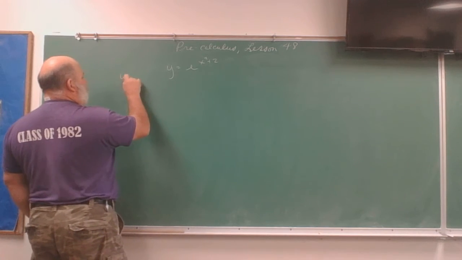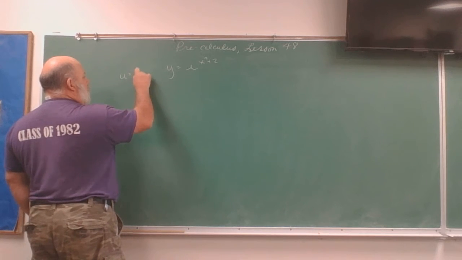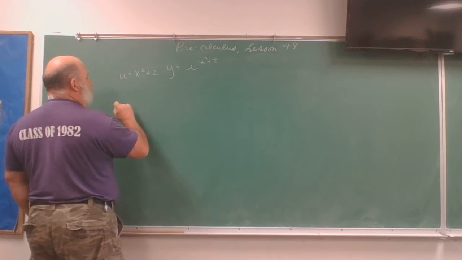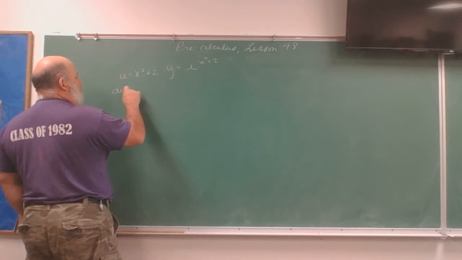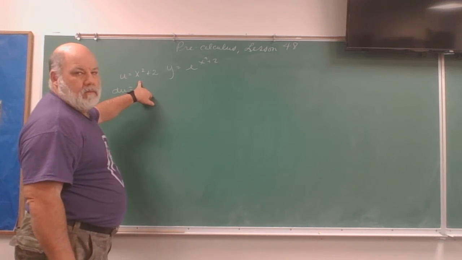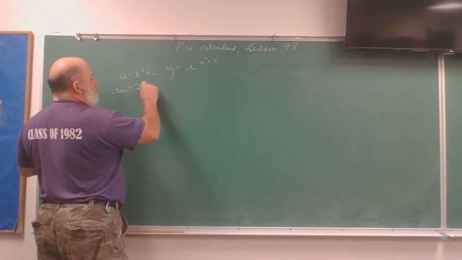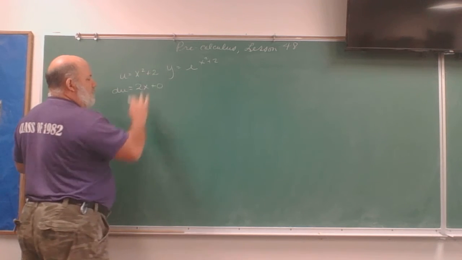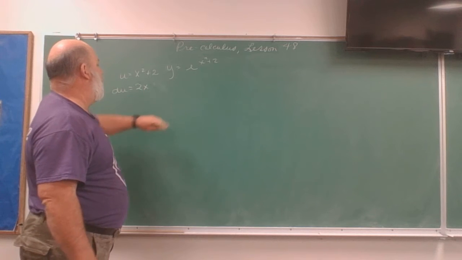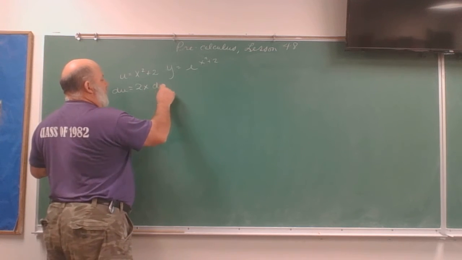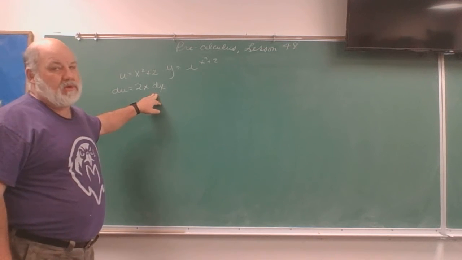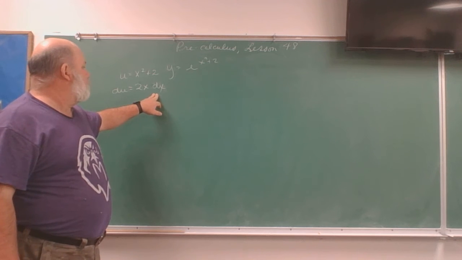They say, in this case, u equals x squared plus 2. Du equals the differential of this, 2x plus 0, because the derivative of 2 is 0. We won't need that. And then dx. The differential has that there.